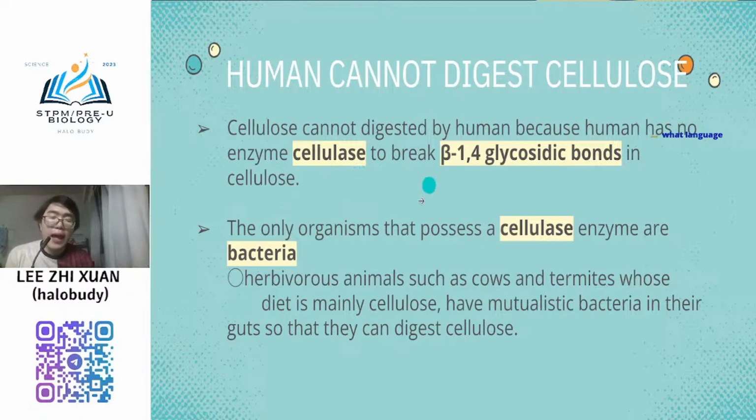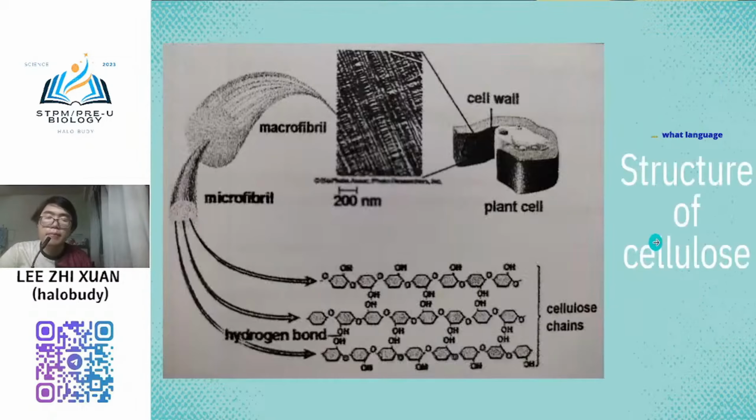So that is why when you eat vegetables, especially the harder vegetables, you will feel that it is very difficult to break down. Why? Because we do not have cellulase. It will come out from the body totally without any digestion process.